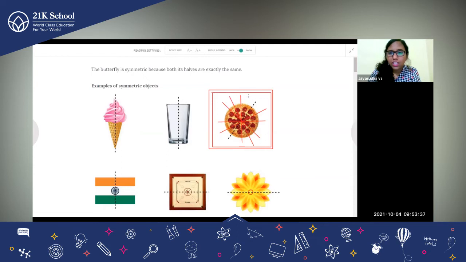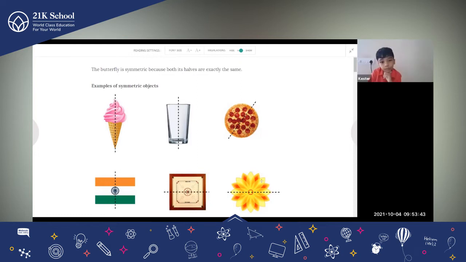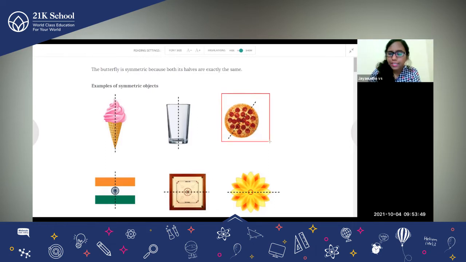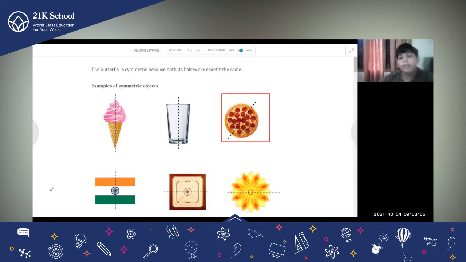So what is this shape called? Rayan, can you tell me what shape this pizza represents? Circle, isn't it?